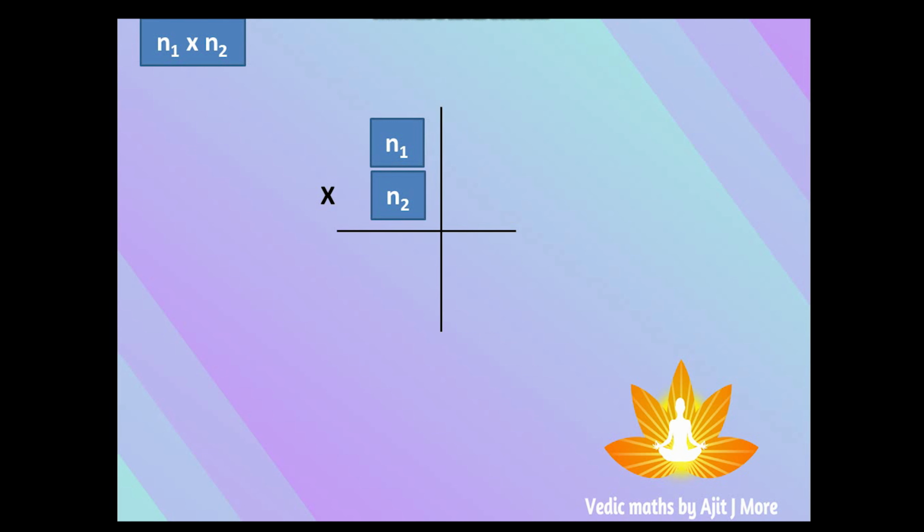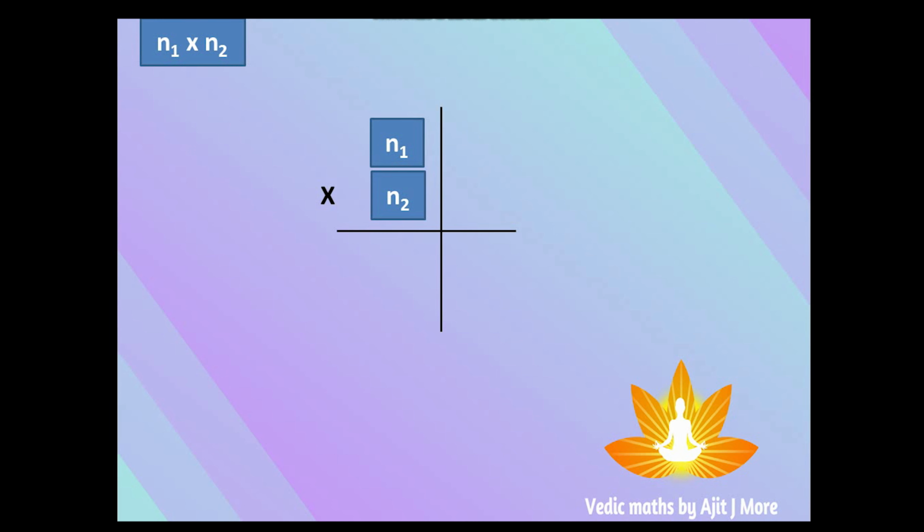And the requirement is that these numbers are near to base. Now it is possible both are greater than base, both are before base, or one is before and one is after. We'll discuss all the three cases one by one.